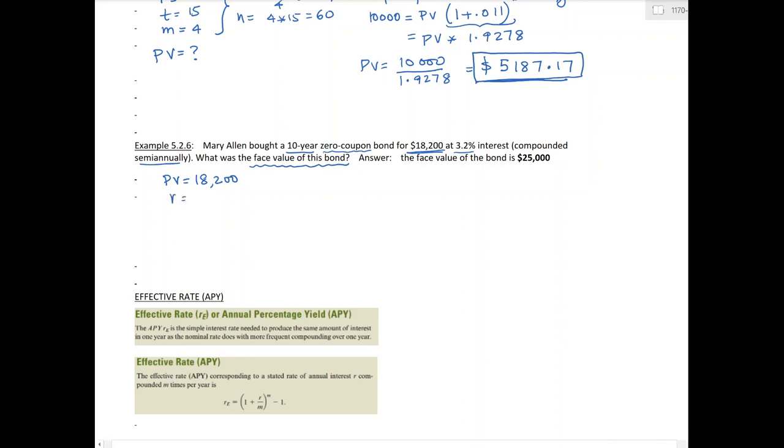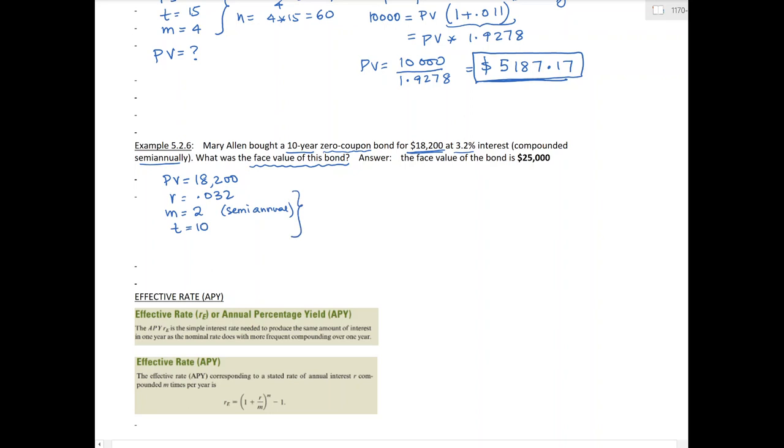R is 0.032. M is 2 because it's semi-annual. And time is 10 years.